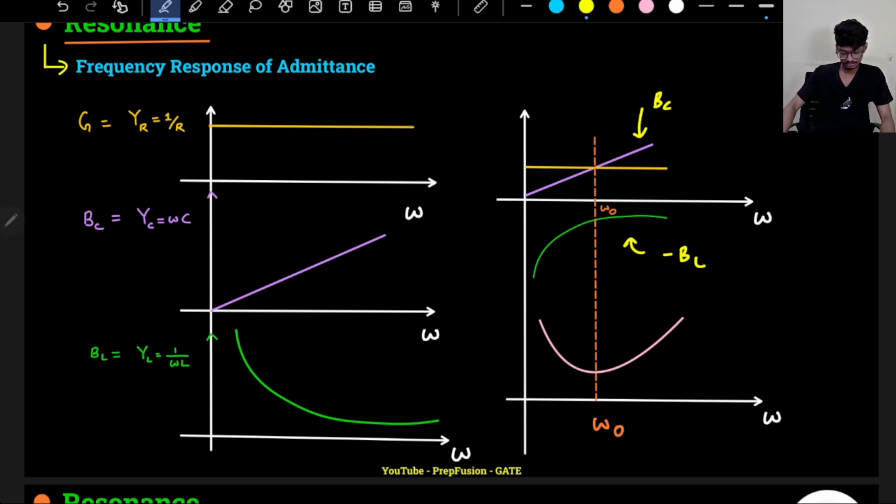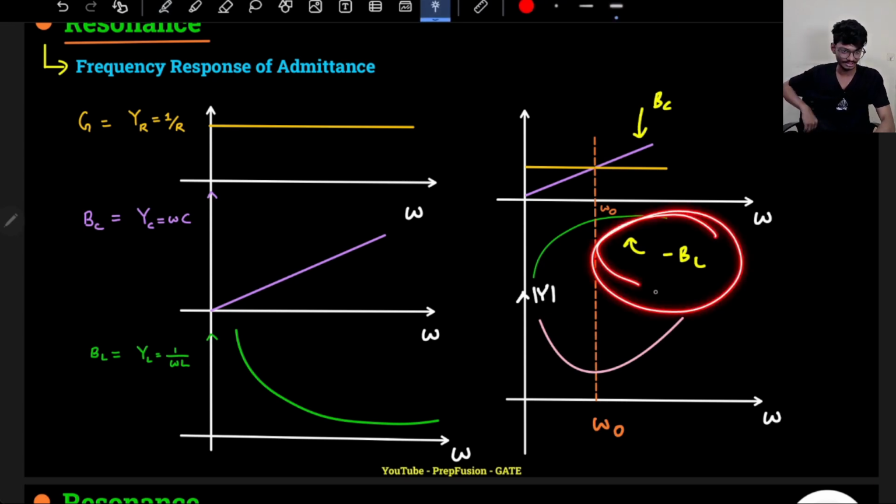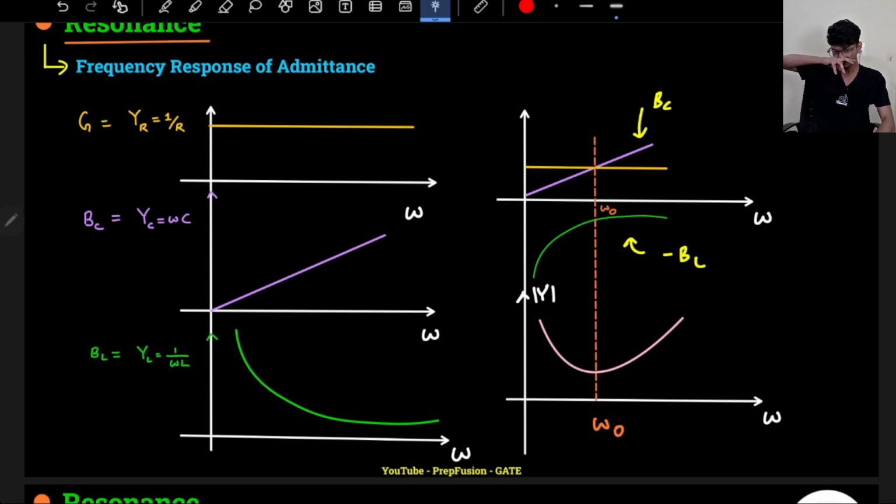What I can say is, now if I add all these three graphs, of course this one will dominate because anyways I'm squaring it. So what is this plot? This plot is the admittance plot. Anyways I'm squaring it, so it does not matter if minus BL or plus BL. Ultimately if I'm squaring it, it will become a very huge positive number.